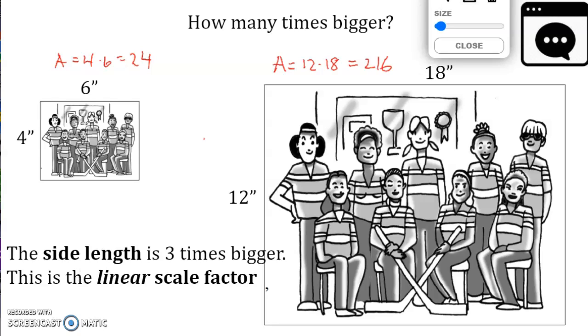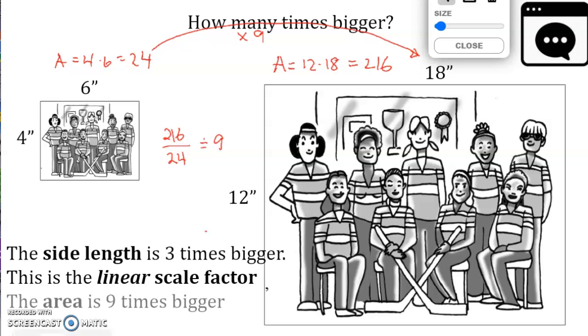So if I do 216 divided by 24, that is 9. That means the area got multiplied by 9. So we know that when the scale factor is 3, the area scale factor is 3 times 3, or 9 times bigger.